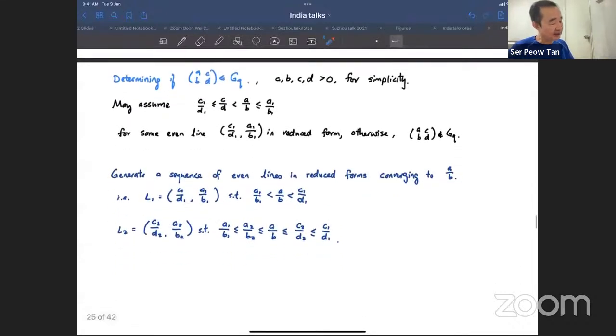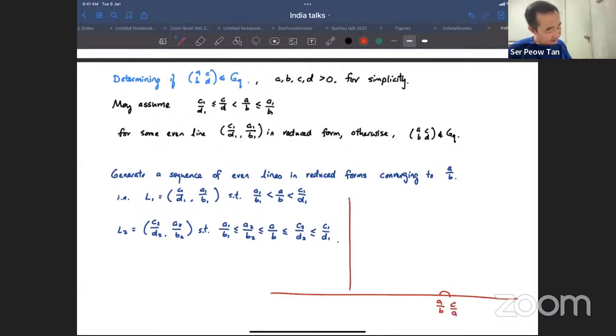Determining if something is in GQ, again, that's not very difficult. Let me do this the other way now. Okay, so let me do something like this. I have something over here. Let's say A over B, C over D, maybe.